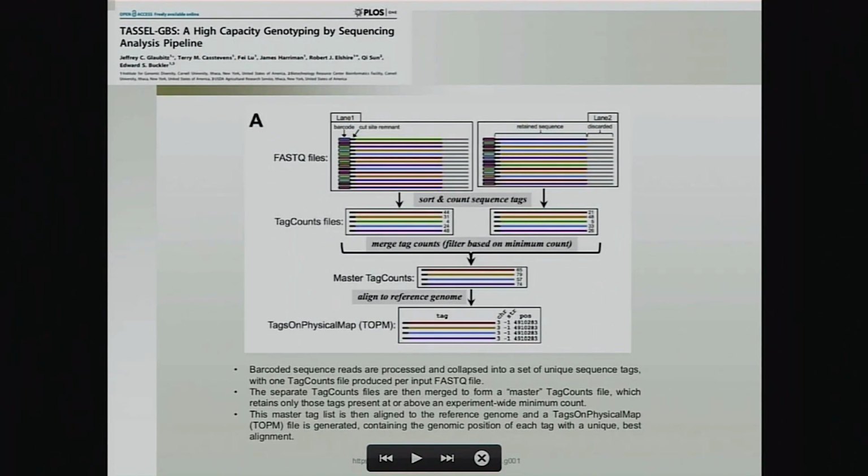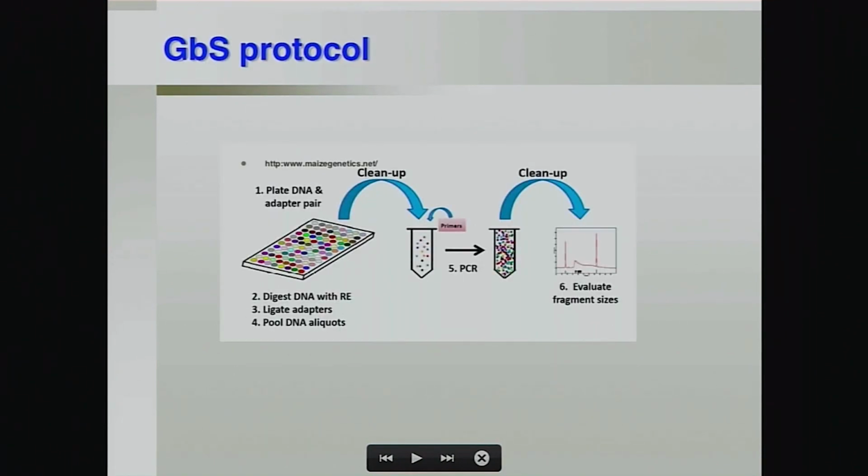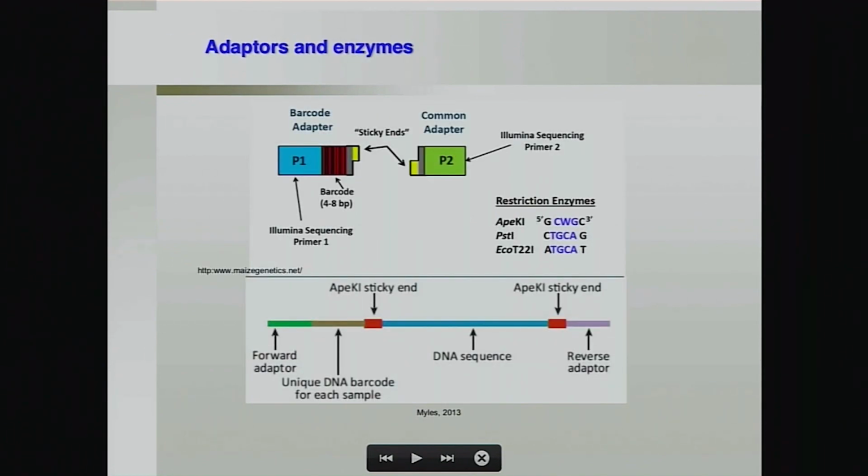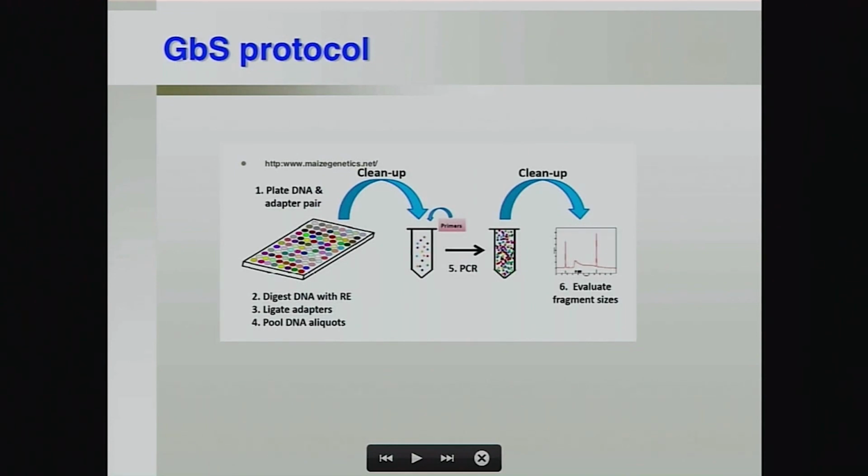Then you will sequence all of this. How will you recognize that one sequence belongs to this accession, the other sequence belongs to that accession? How? You will recognize it with this DNA barcode. That's why we need the barcode.